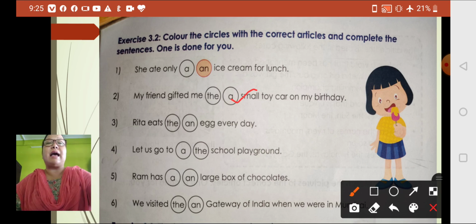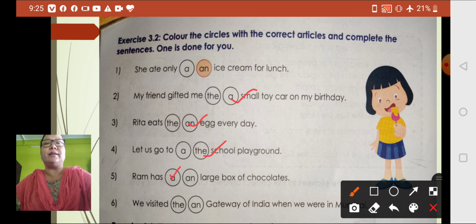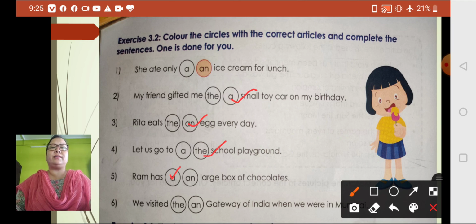Rita eats an egg every day. Rita eats an egg. Okay? Let us go to the school playground. The correct answer is the. Ram has an large box of chocolates. The correct answer is: Ram has a large box of chocolates.